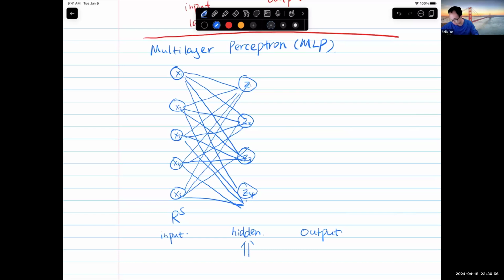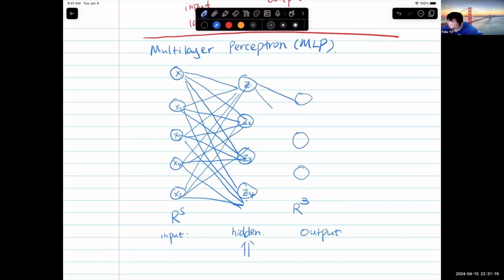Then you are going to do similar things from hidden to output. Here I'm going to have 3 labels, so basically my K is equal to 3. It's a 3-label classification problem.